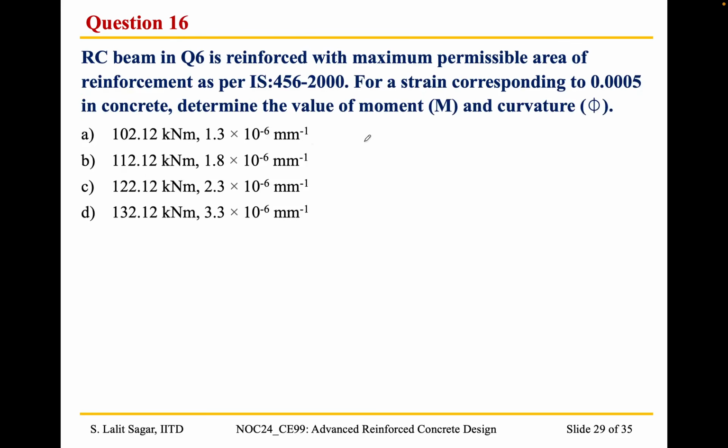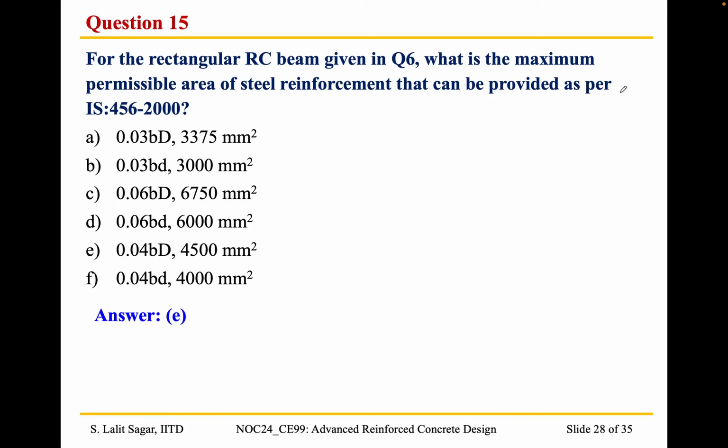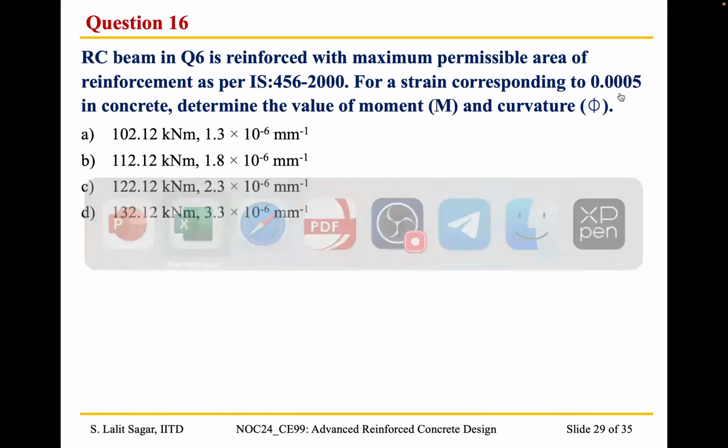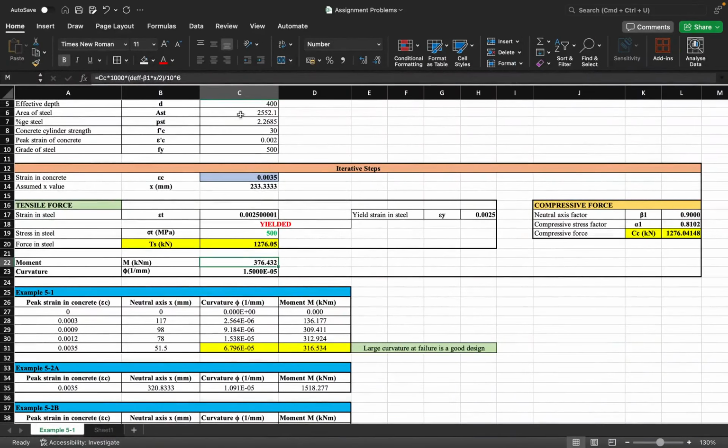For this, again I have taken the same steps in order to perform the moment curvature analysis. First we are going to determine the value of M and phi corresponding to a value of 0.005. I think we can go ahead with the Excel sheet for now. Everything remains the same except for the value of Ast.